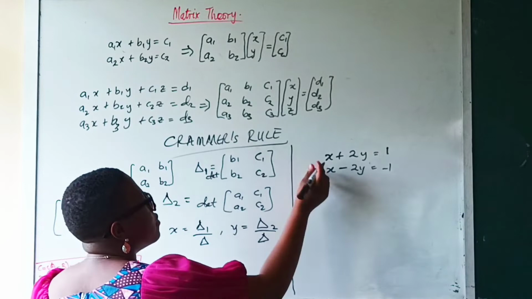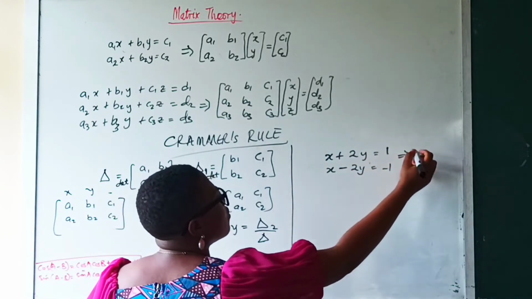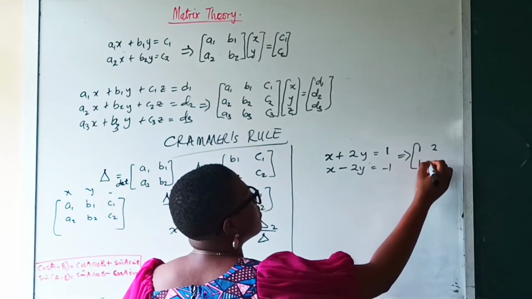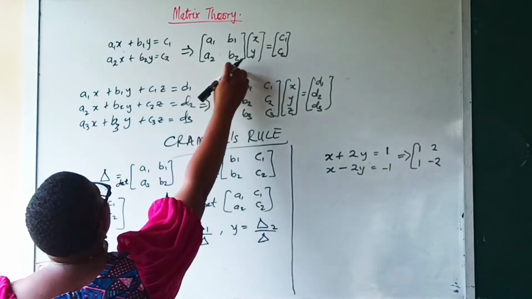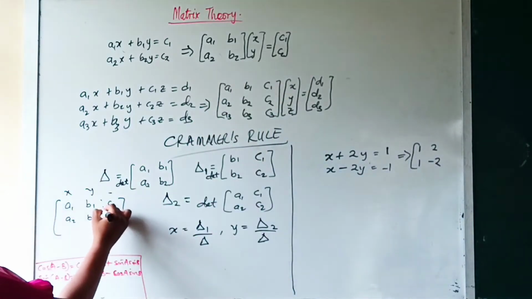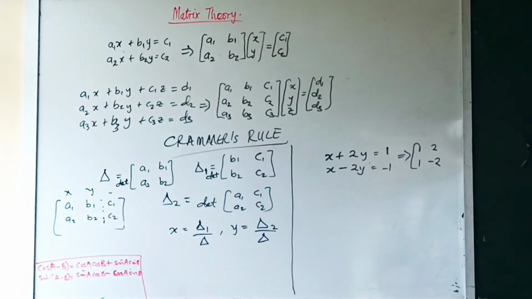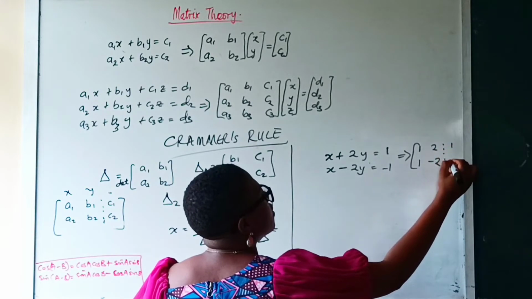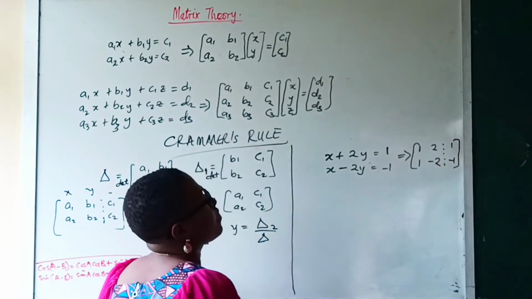Putting this in matrix form, we have 1, 2, 1, minus 2. Instead of doing all this long story, you can do it like this and put 1, minus 1.